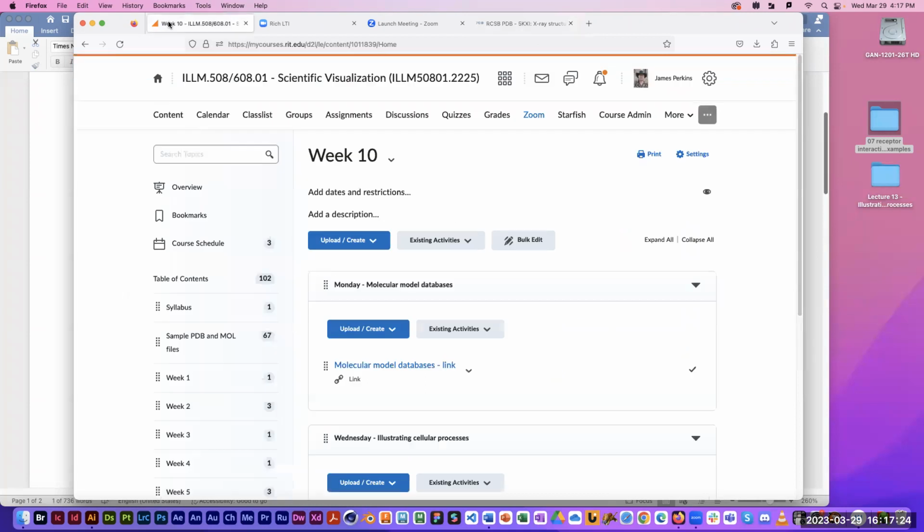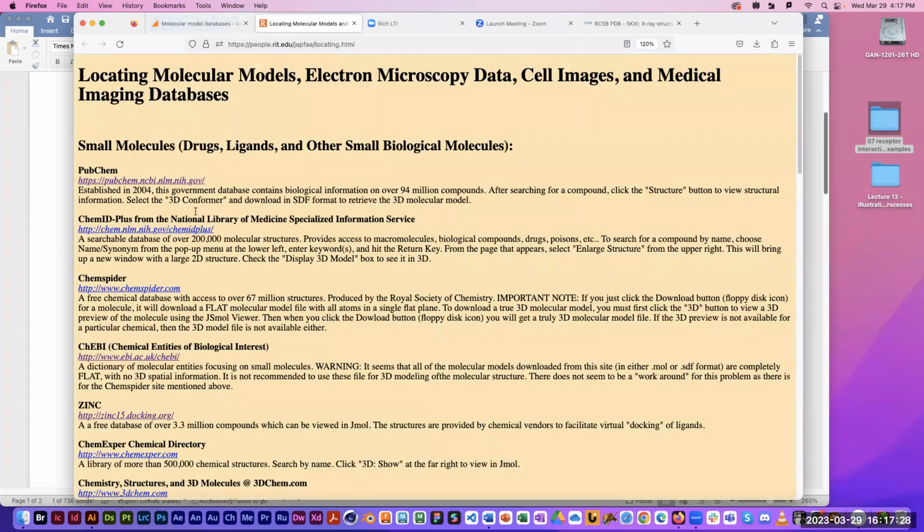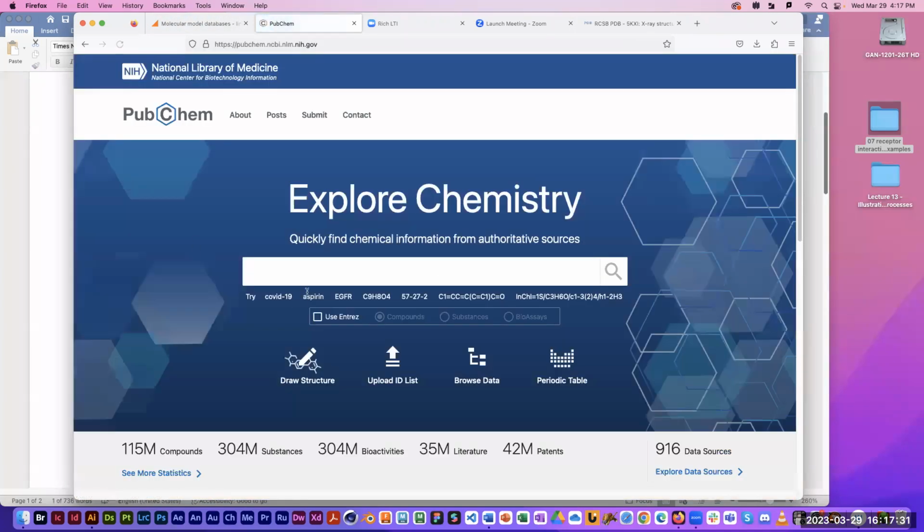You could go to one of the other databases like PubChem, and you can look up, oh no, nicotinic, not, it's a nicotinic acetylcholine receptor, but we want acetylcholine.